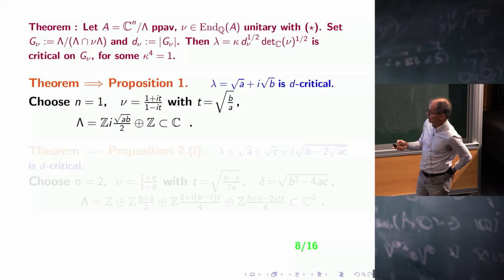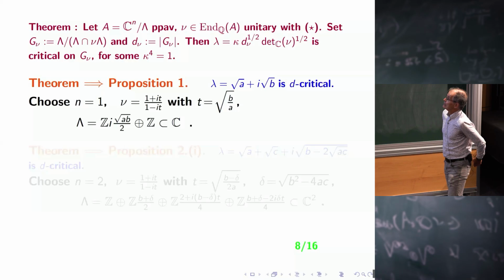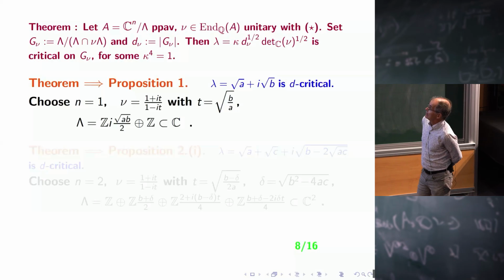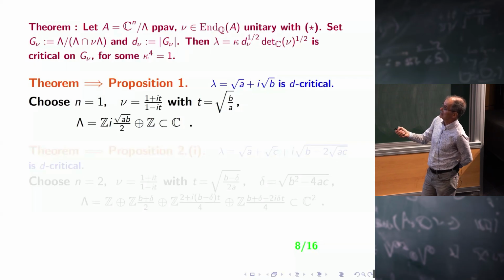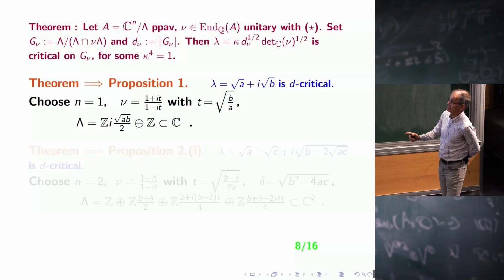So for the elliptic curve, I will give you here the lattice, I square root of AB over 2 Z. And I give you what is the nu. Nu will be 1 plus IT over 1 minus IT for this value of t, square root of B over A. So nu does not preserve this lattice exactly. It's commensurated.